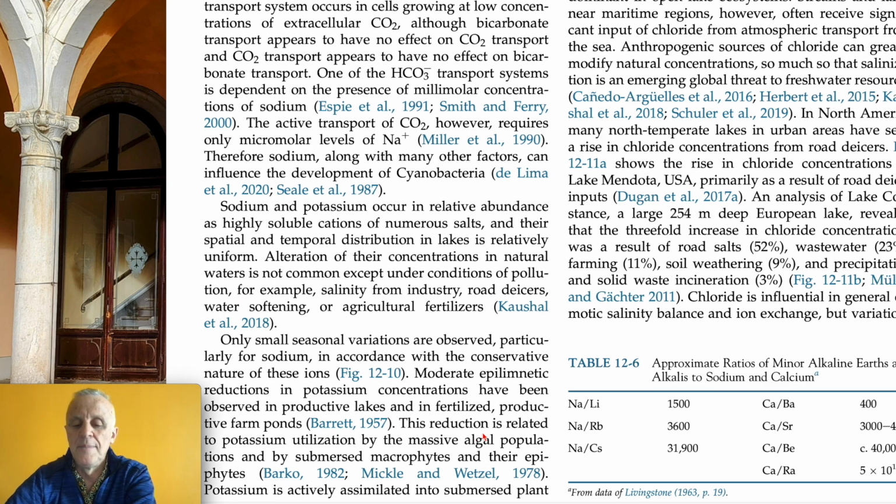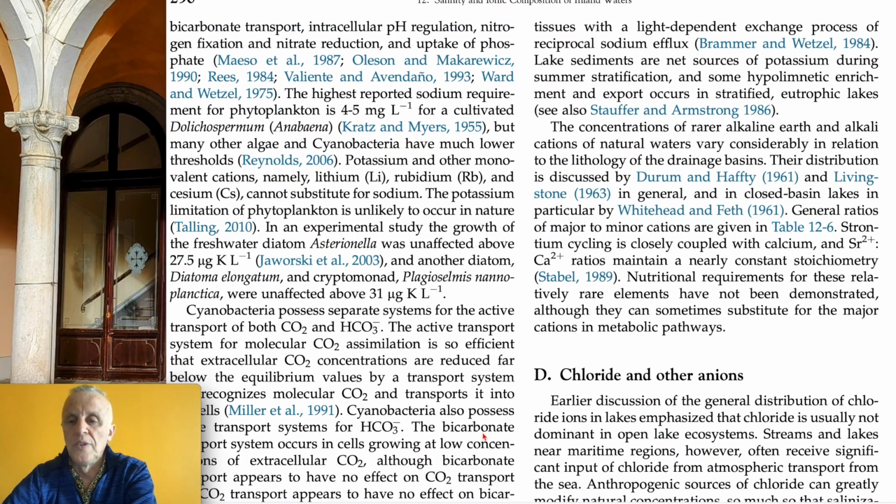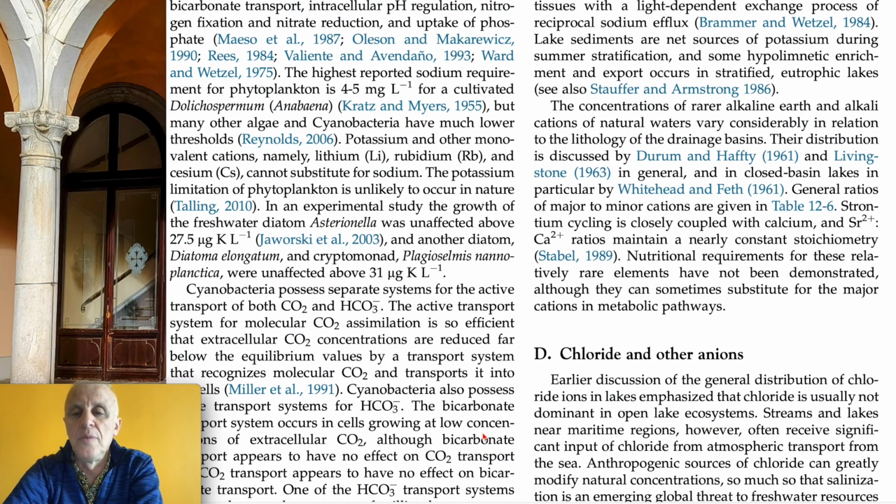Potassium is actively assimilated into submerged plant tissues with a light-dependent exchange process of reciprocal sodium efflux. Lake sediments are net sources of potassium during summer stratification, and some hypolimnetic enrichment and export occurs in stratified eutrophic lakes.